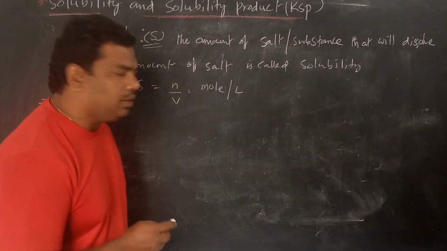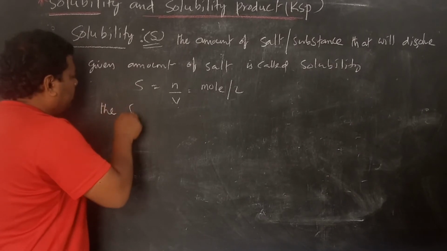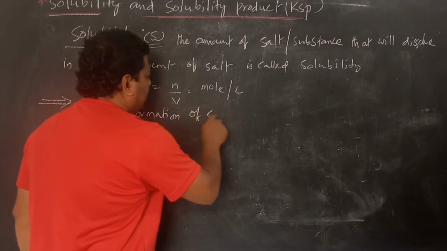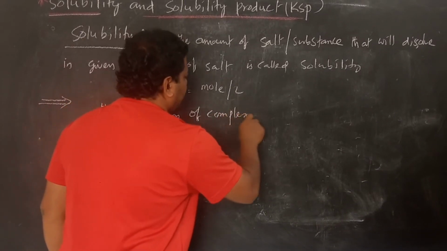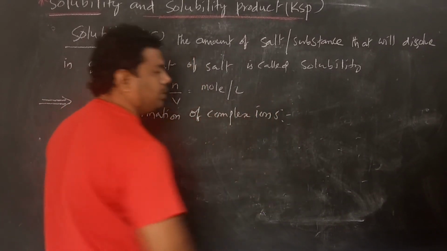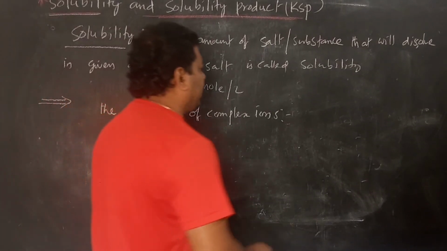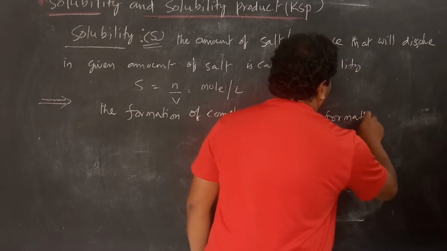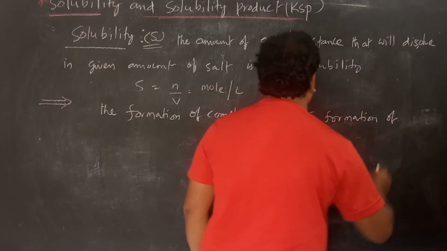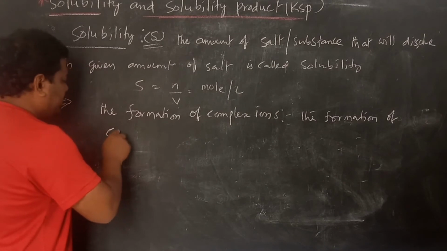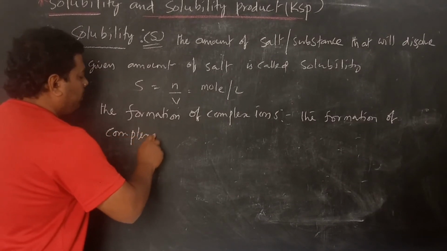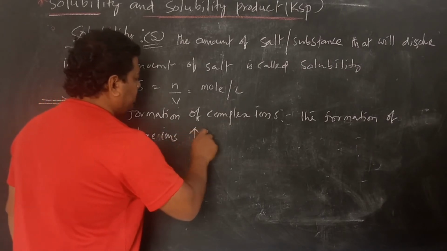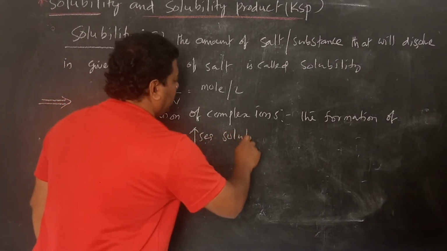Next, the fourth is the formation of complex ions. The formation of complex ions increases the solubility of a salt.